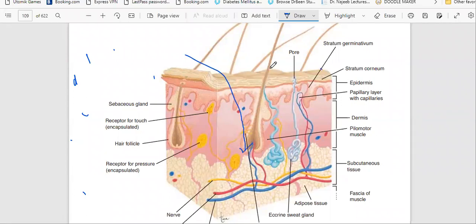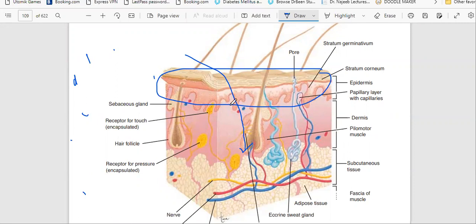So this area will become very blackish in color. I think you've seen such cases nearby or in your family. God protect us from this type of case.